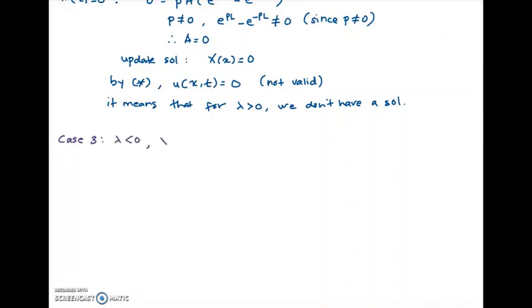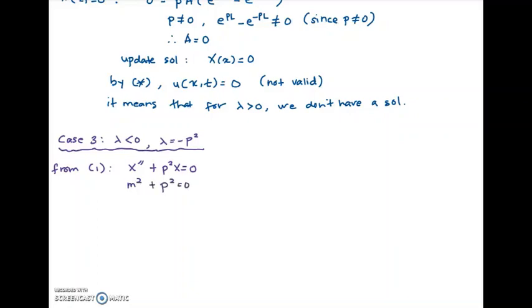So we are going to assume lambda equals negative p square, to ensure that we always get the negative. Again, we look at equation 1. When lambda equals negative p square, then we have X double prime plus p square X equal to 0. Then by the homogeneous solution, we have the characteristic equation m square plus p square equal to 0.